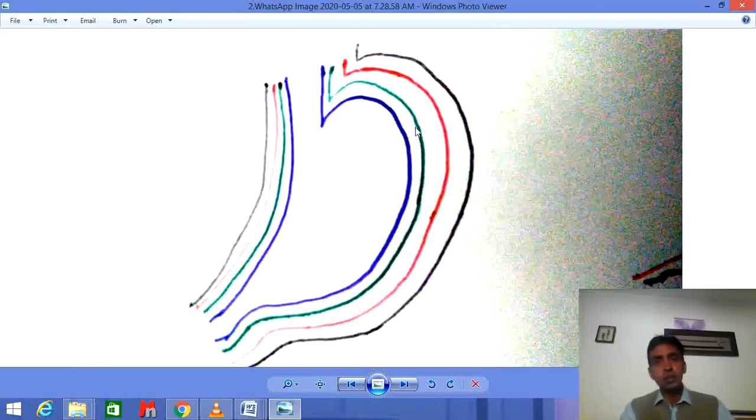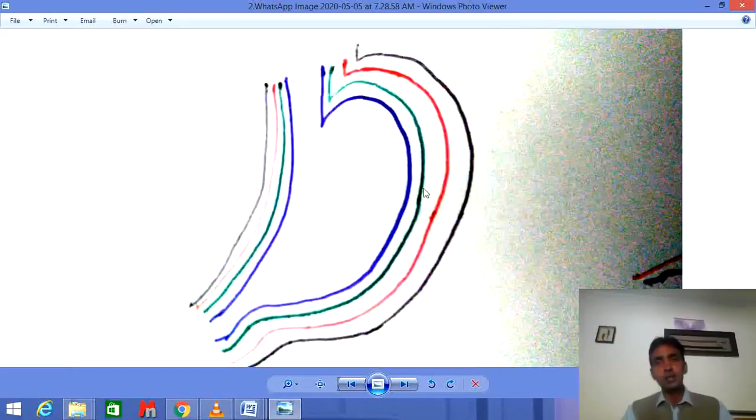The next one is submucosa. Submucosa is responsible for the accommodation of the network of capillaries, blood vessels, lymphatic vessels, and neuronal supply. The neuronal network, the blood vessel network, and the lymphatic vessel network are present in this layer.